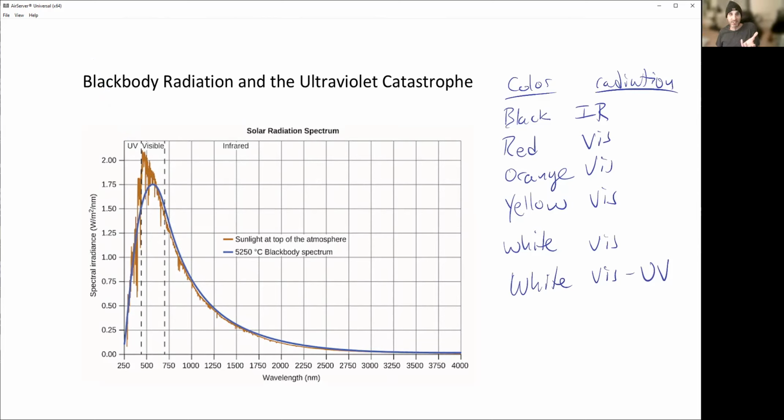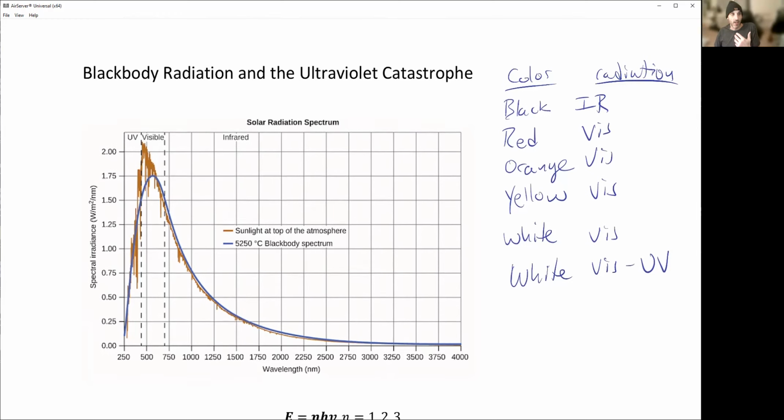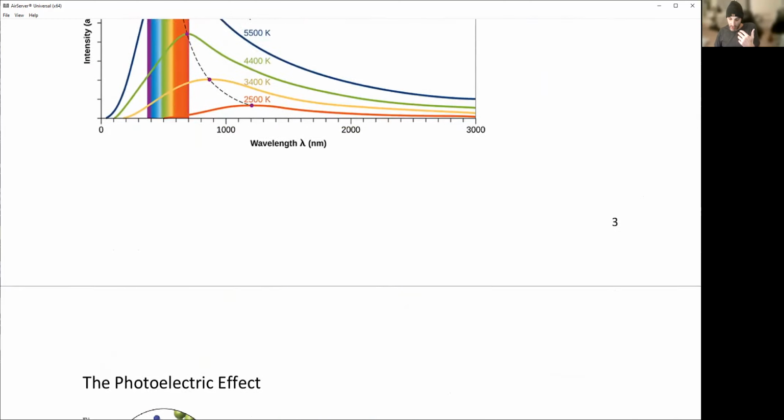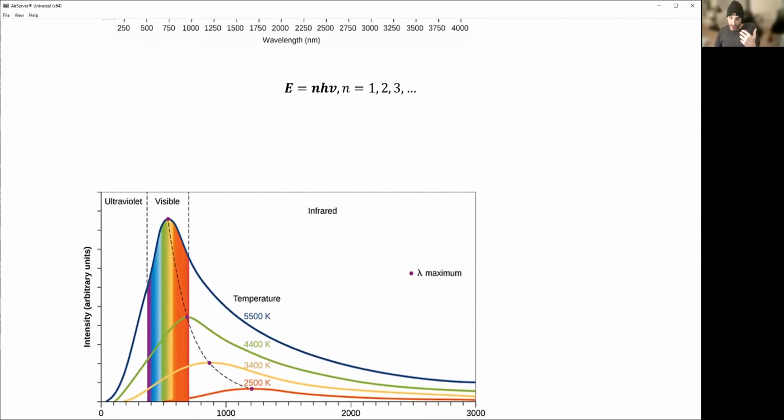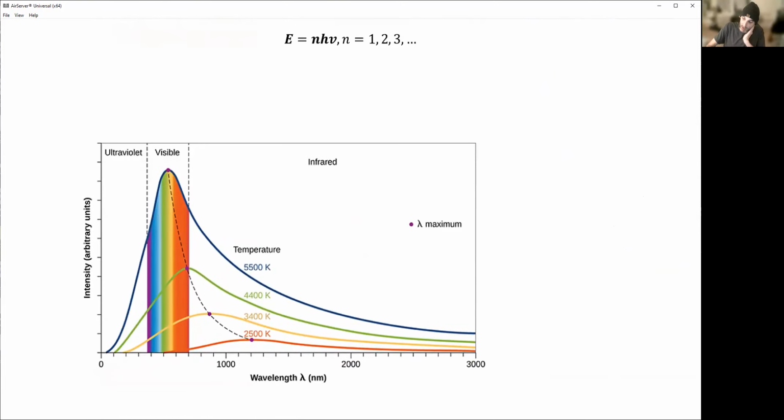That's dangerous for a number of reasons, but ultimately what we find out is that's not how this stuff works. And that comes to the idea of Planck's theory of quantum mechanics.